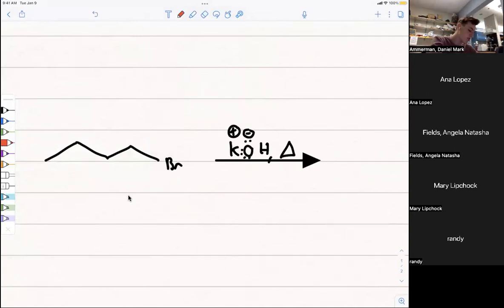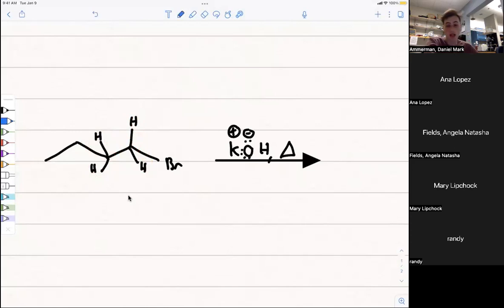The other thing we have to determine is the hydrogen we're using. We have just one option because this is primary. There's only one double bond we can make. We have a hydrogen here, one here, and one here and here. We're not going to use either of these two because they're on the same carbon as a leaving group, so that just doesn't make sense to do. We can use these two because they're opposite.